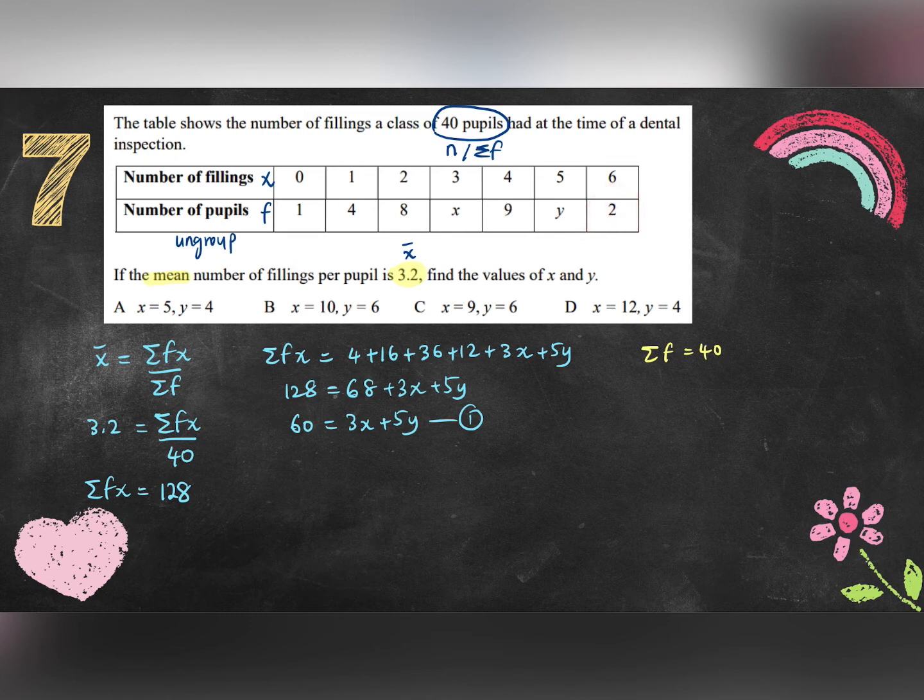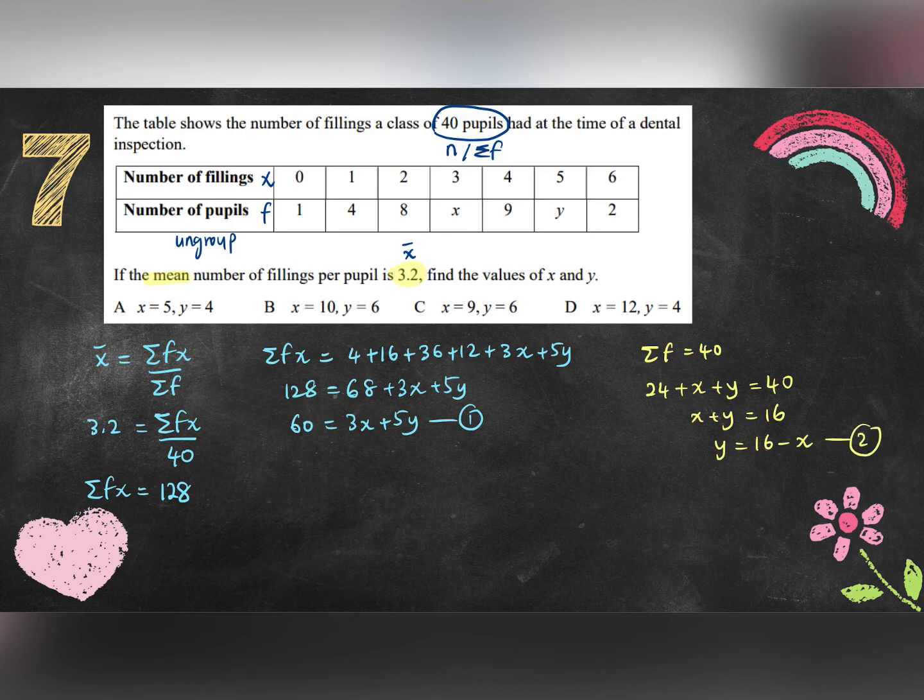So, saya dapat 24. So, 24 plus x plus y equals to 40. So, x plus y will be equals to 16. Ataupun saya jadikan y sebagai subjek. So, 16 minus x. This will be our second equation.